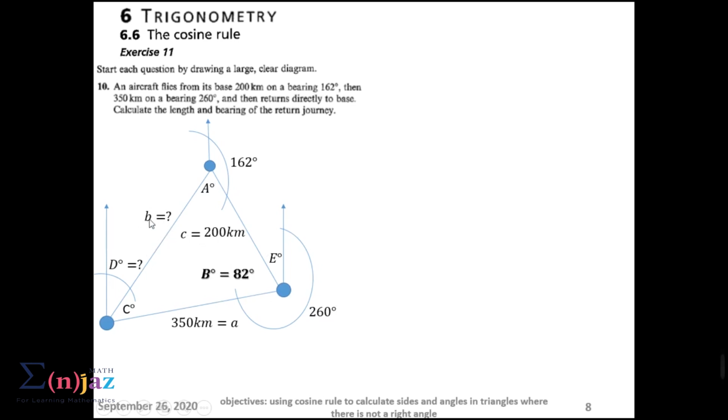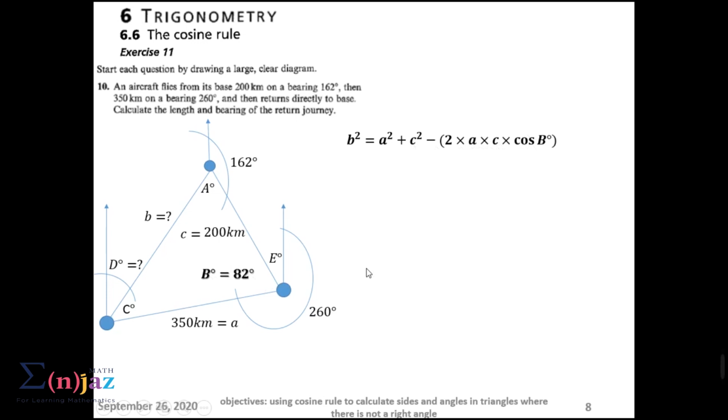So the unknown side B, we're going to start with B squared is equal to, what are the other two sides? A and C. A squared plus C squared minus, in brackets, 2 times side A times side C times cosine the angle between side A and C, which is angle B.